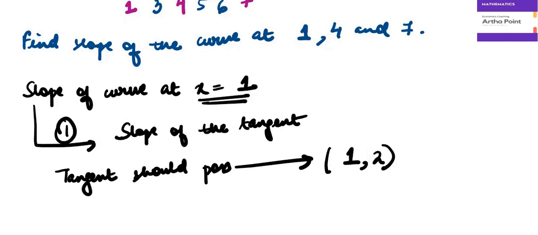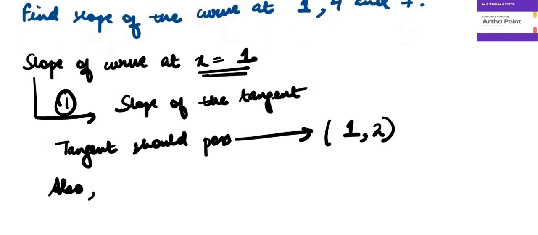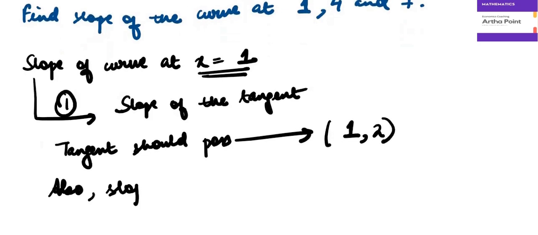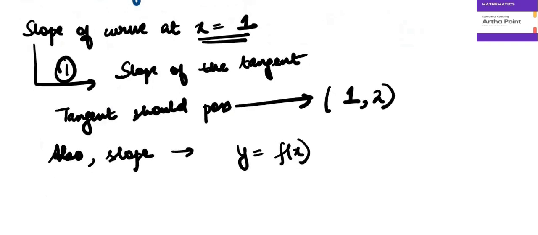Also, to find the slope, I can simply say that if my function is y is equal to f(x), my slope will be f dash x at any point of time.